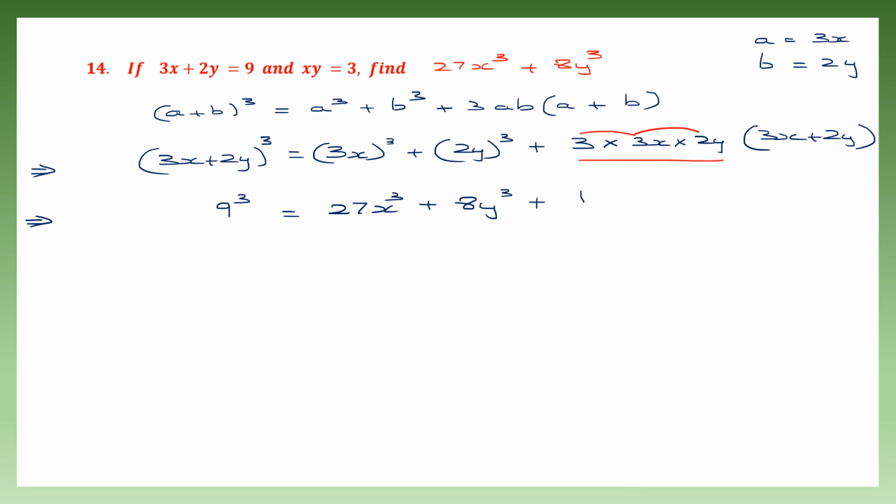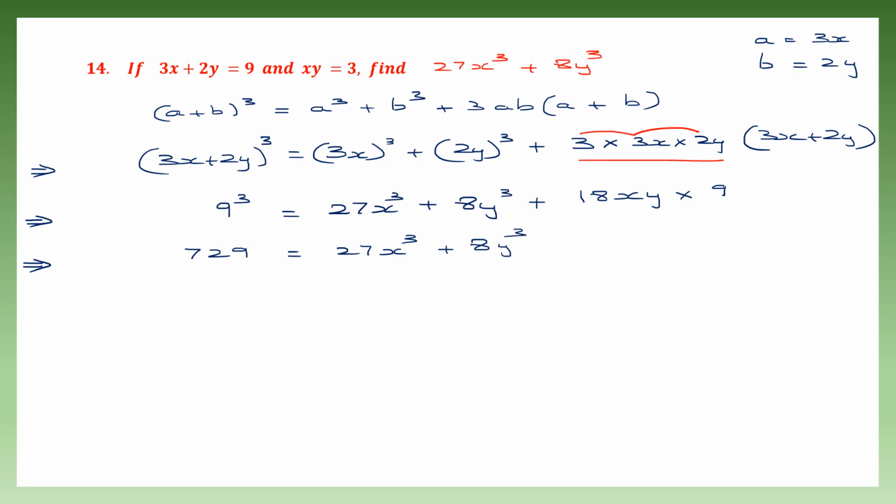So I have 18, x into y is xy, and here I have 3x plus 2y, and 3x plus 2y is already given to us as 9. So this is into 9. So let's continue. Now here we have 9 cube, which is 729. This is equal to 27x cube plus 8y cube.